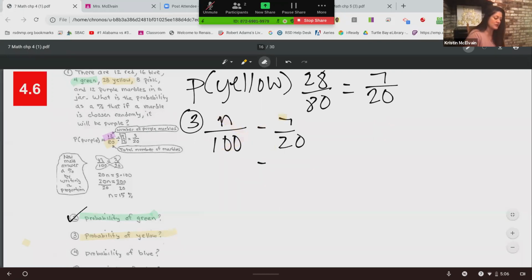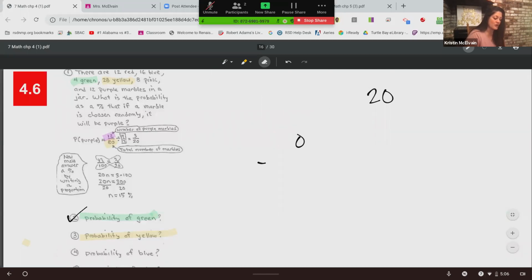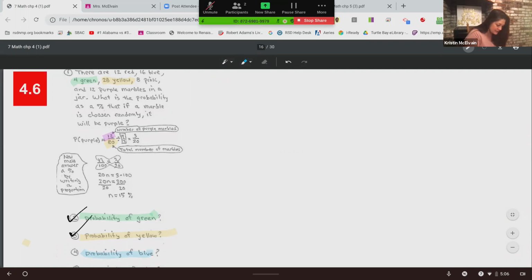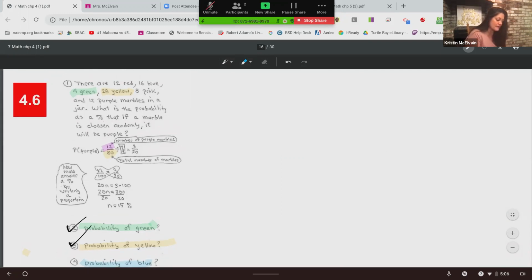Okay, moving on to number 4. We did number 3. Number 4 is blue. What is the probability of getting blue? If we look at our problem, we have 16 blue, which is 16 out of 80.